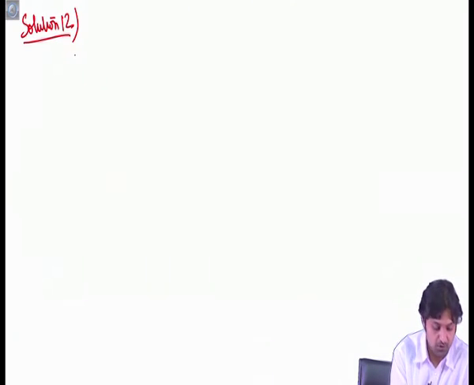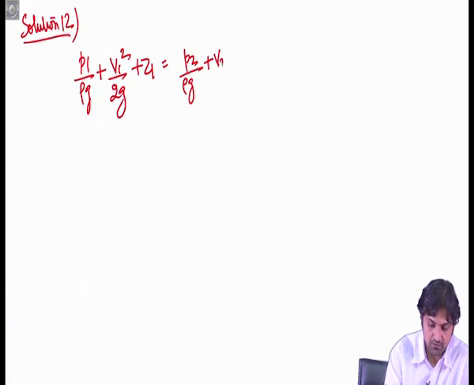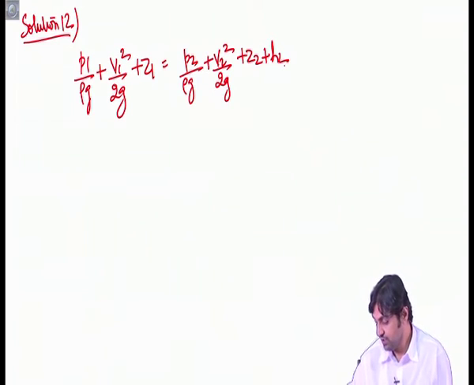So we can write Bernoulli's equation, P1 by rho g plus V1 square by 2g plus Z1 will be equal to P2 by rho g plus V2 square by 2g plus Z2 plus whatever the head loss is.